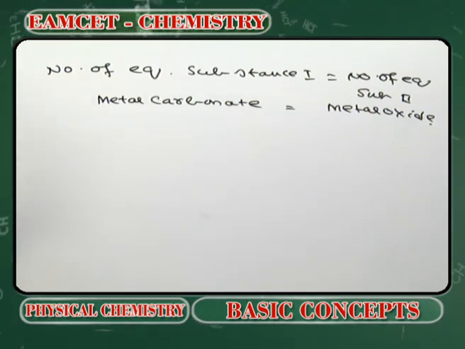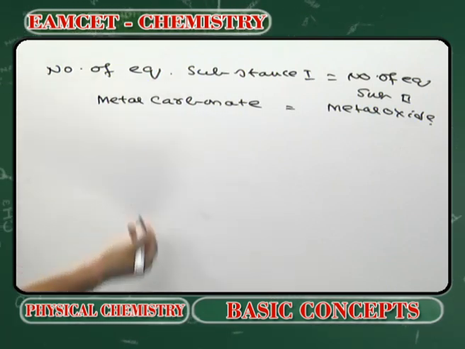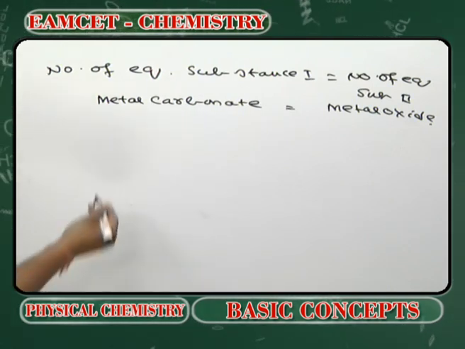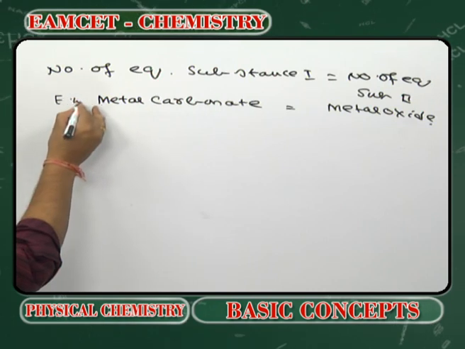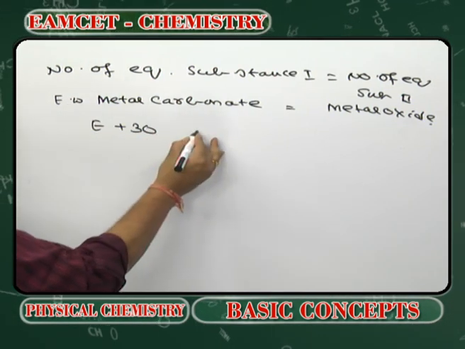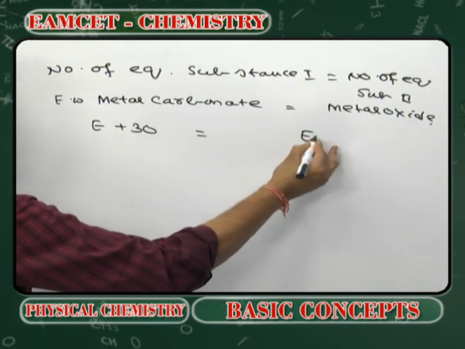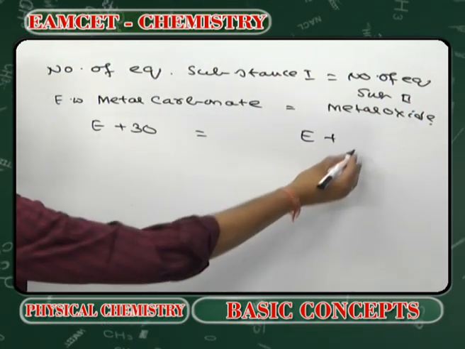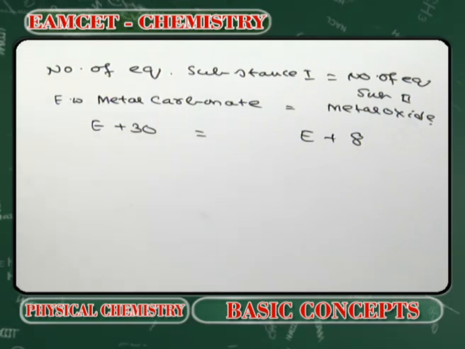What is the way to calculate the equivalent weight of the metal carbonate? E plus 30. This will be E plus 8 for the metal oxide. Equivalent weight is E plus 8.